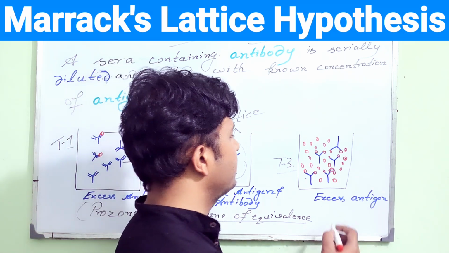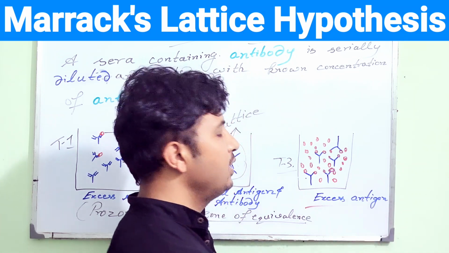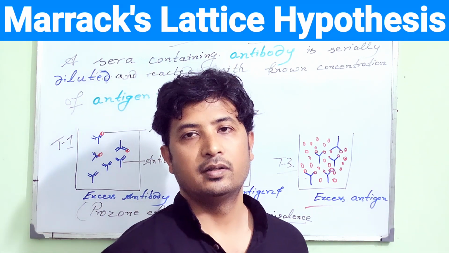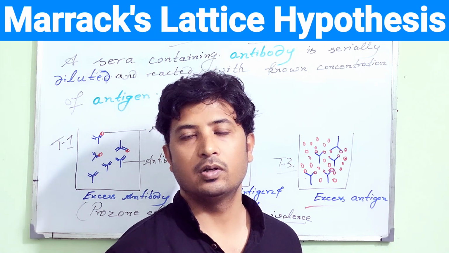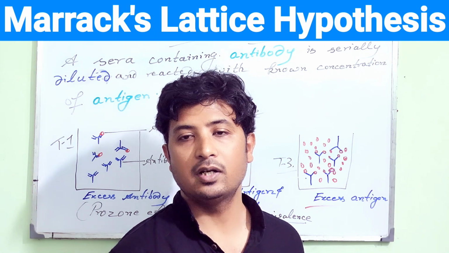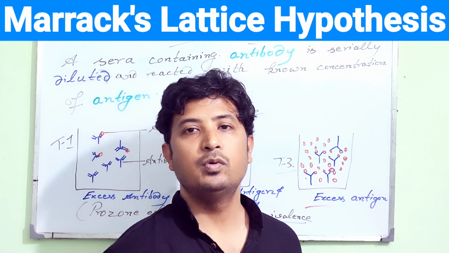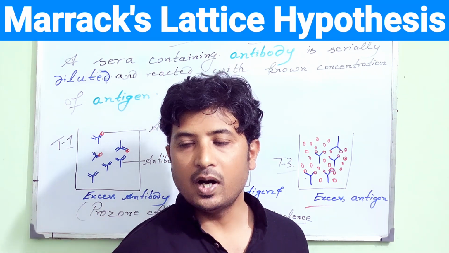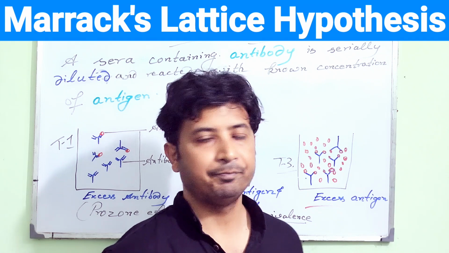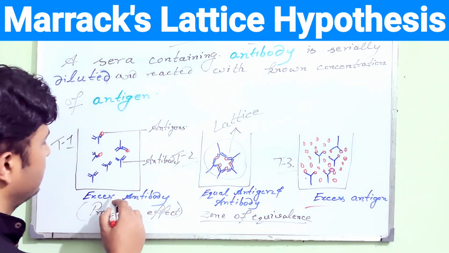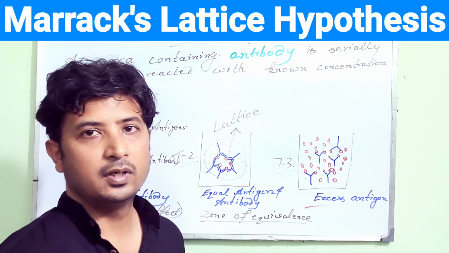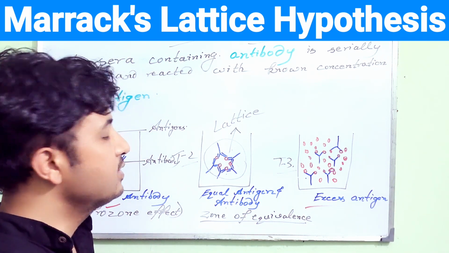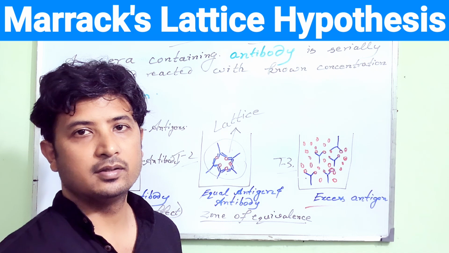So if the patient contains this amount of antibody, you will interpret the patient as negative, because you are not able to see any kind of structure or band which you can visually mark or measure through your eye. In the first case also, you will interpret the result as negative, but actually there is an antibody present.